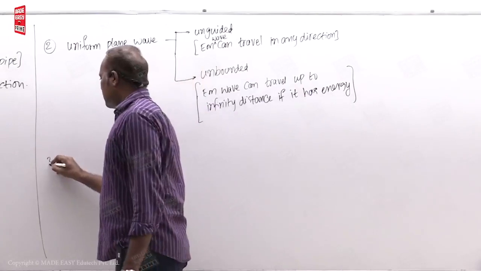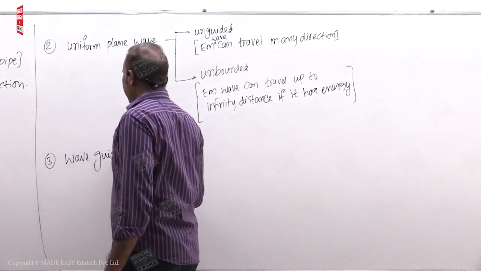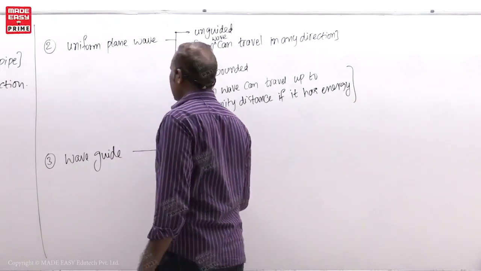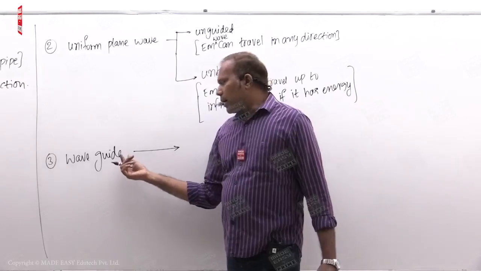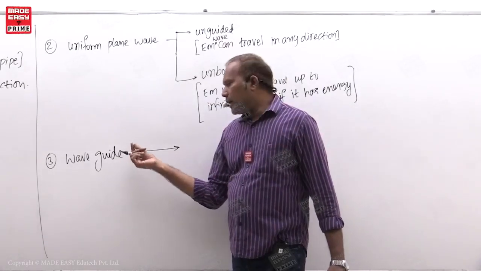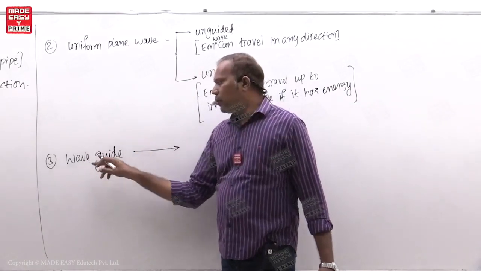But whereas this one, waveguide, no student, it is different. So waveguide, actually guide means रास्ता दिखाने वाला है. Guide shows the path to the wave.